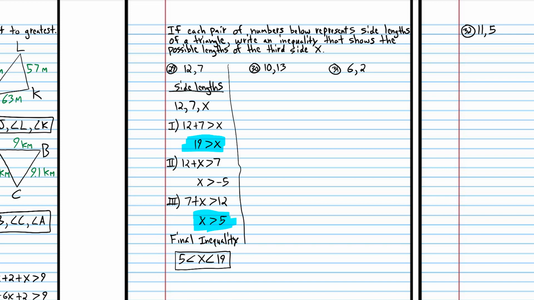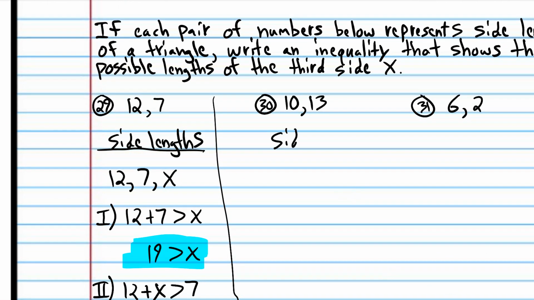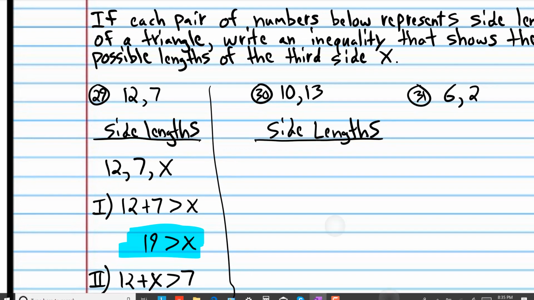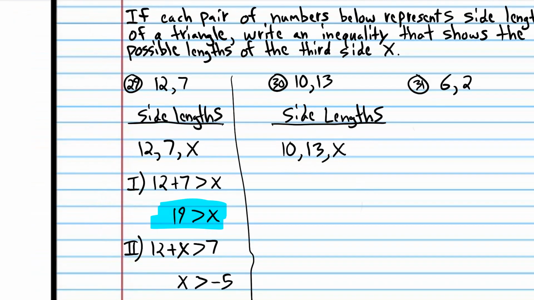All right, so we're going to do 2 more of these together. We're going to assume in this second problem that the sides of the triangle are 10, 13, and the third side is x.